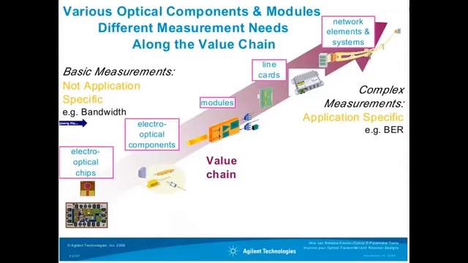When you do these measurements in the medium range of the value chain, sometimes you want to identify which performance characteristics come from the component itself, and which come from the packaging around the component. So it's important to be able to distinguish between the real component and the parasitics, the externals.